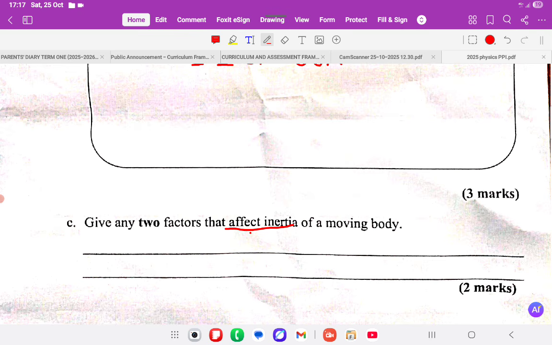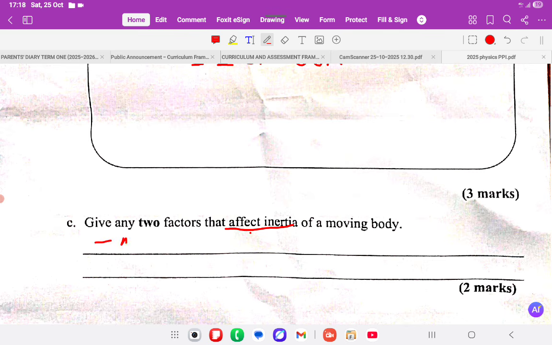Remember, mass is the quantity of matter. So the heavier the body, the more inertia that body is going to have. Heavier bodies resist change in motion more than lighter ones. So you can mention those.